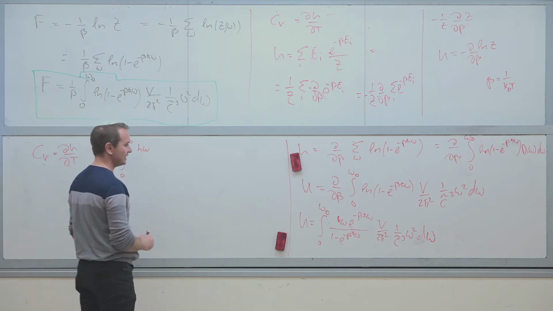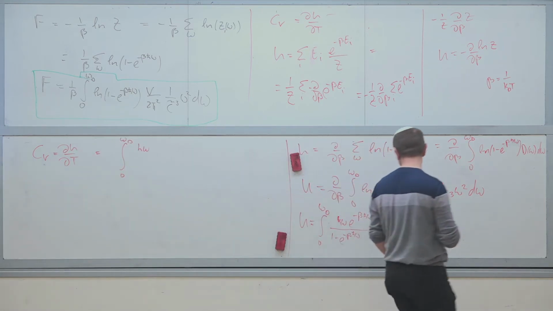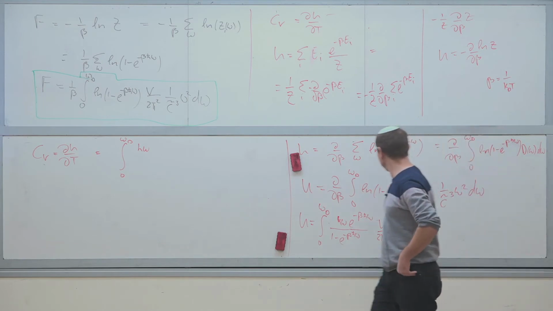of h bar omega. Let's take everything that is independent of beta and put it in the front part of this integral.